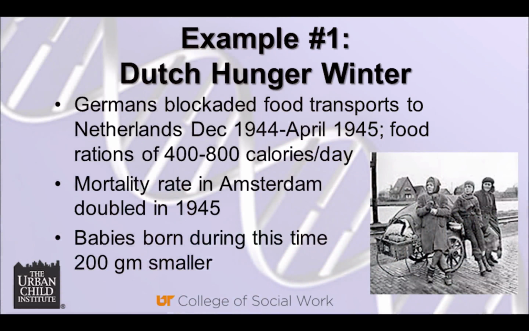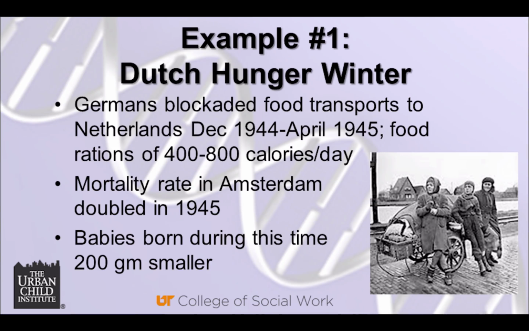The first example is called the Dutch Hunger Winter. In 1944, going into 1945, the Nazis blockaded the Netherlands and prevented food entering the country as punishment for some of the resisters who were struggling against the Nazis. Calories were cut hugely to about 800 calories per person. And pregnant women need way more calories than that.